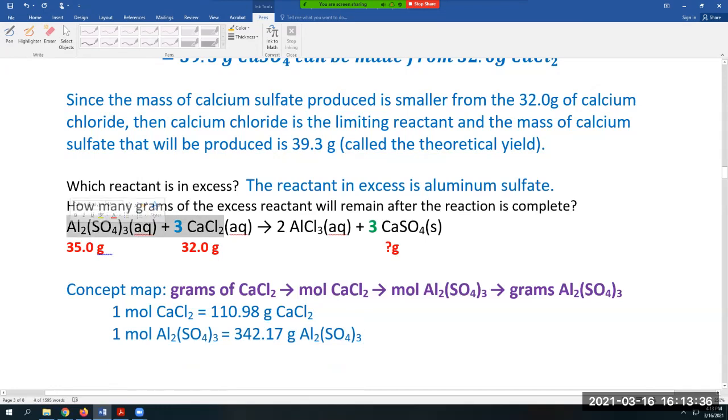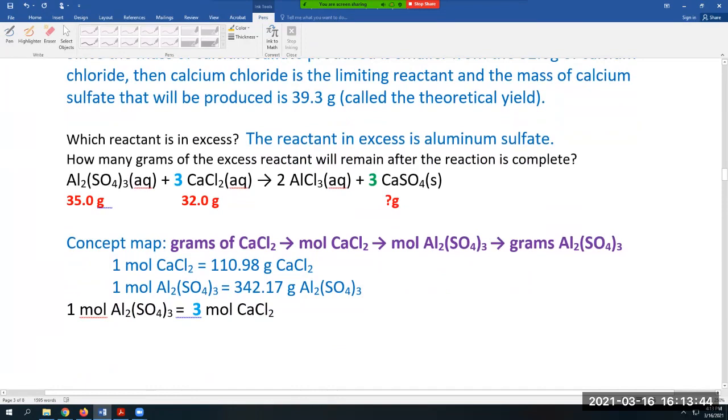What it says here is that 1 mole of aluminum sulfate reacts with 3 moles of calcium chloride. We get this from this balanced chemical equation. So we have everything we need now to do the calculation.